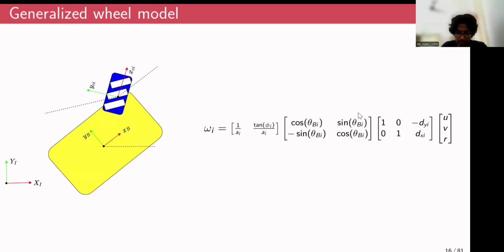So the key summary of this process is that you can consider this to be the body fixed frame of reference. If you know the velocity of the body fixed frame of reference to be u, v, and r, and if you consider this to be a wheel, probably with rollers, where the passive rollers are defined by their angle of orientation, you can map the velocity u, v, r to the angular velocity of this wheel.